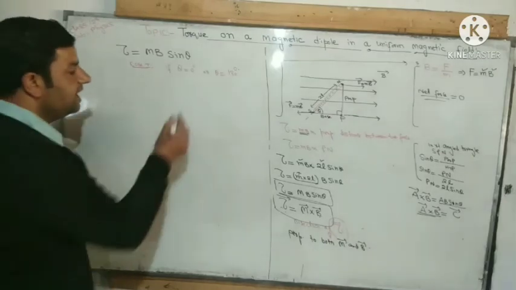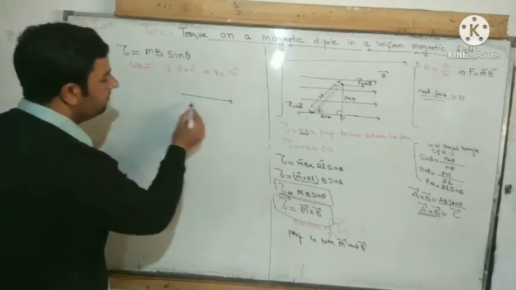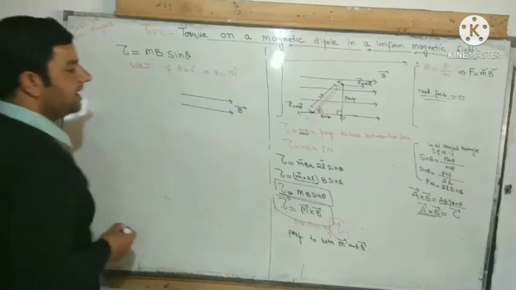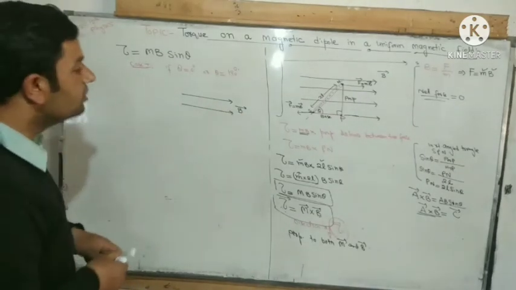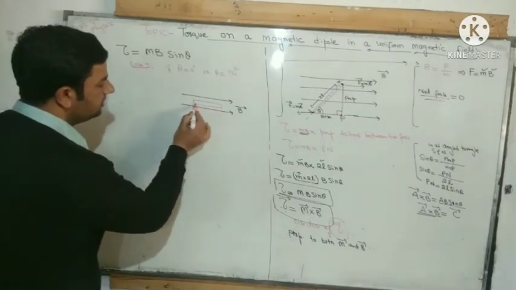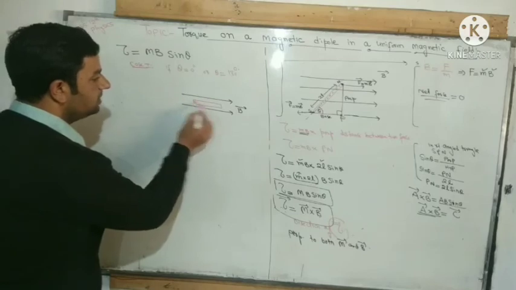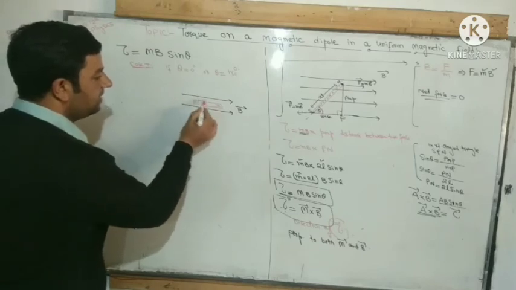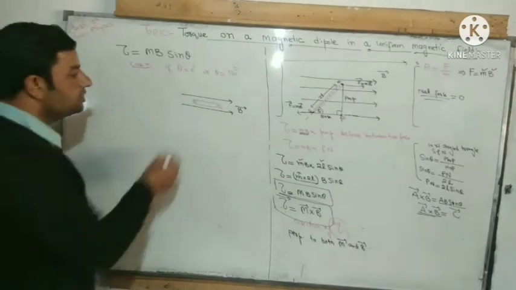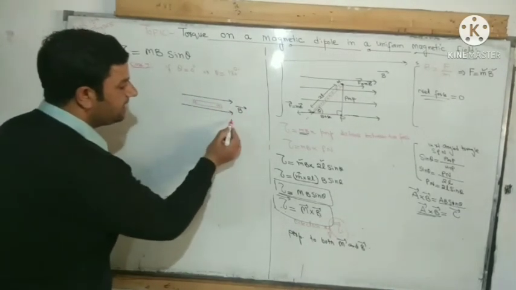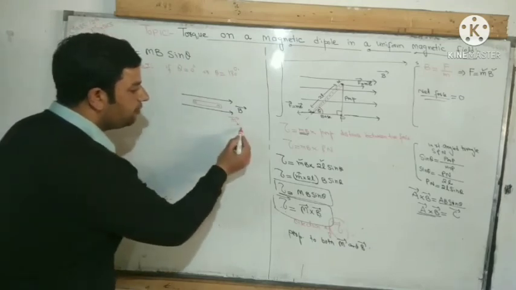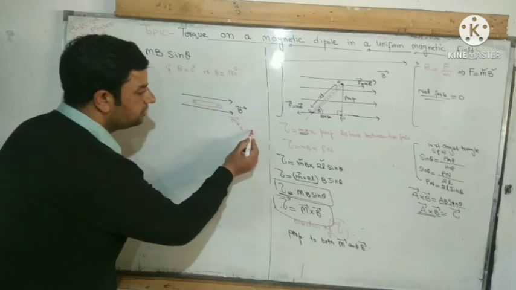What does it mean? Suppose this is the direction of magnetic field. This is the magnetic dipole, with south pole and north pole. The direction of magnetic dipole moment is from south to north.